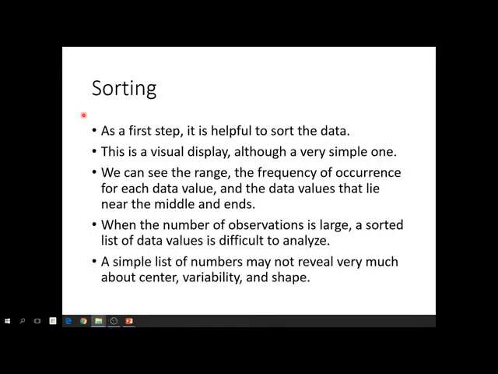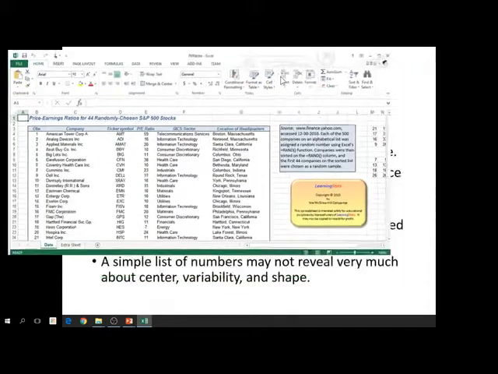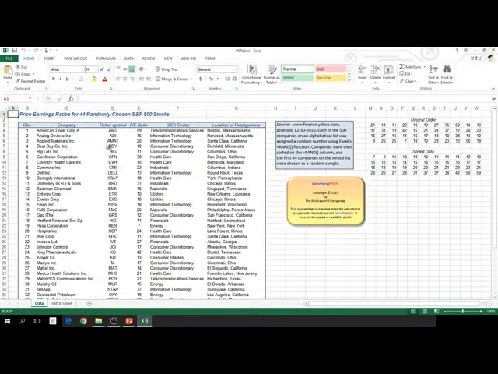Here it is. Here is the price earnings ratio data, and here are the company name and the price earnings ratio and so on. Here is the original data and here is the sorted data.